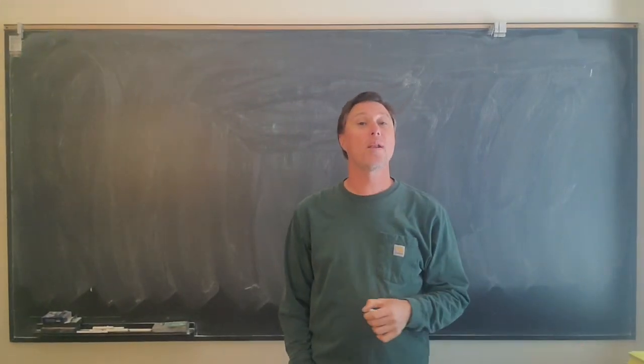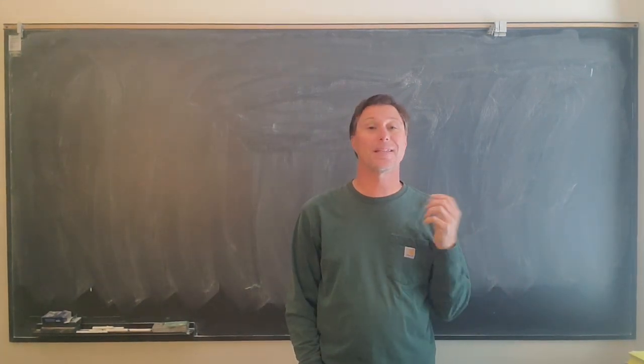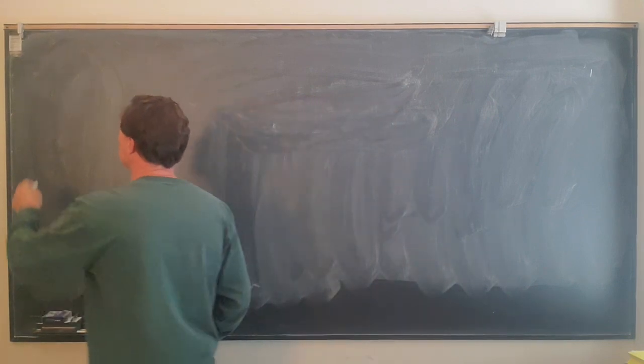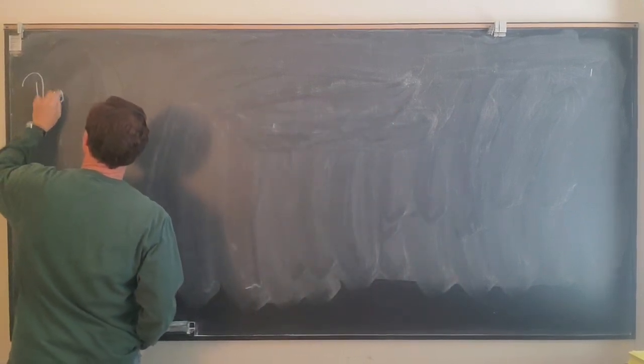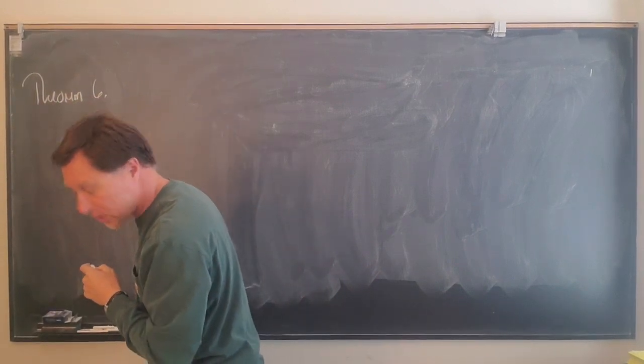All right, now we've got one more result left, and then we'll be able to actually produce a polynomial that is not solvable by radicals. And so this is the last piece of the puzzle right here. So this would be Theorem 6.10.